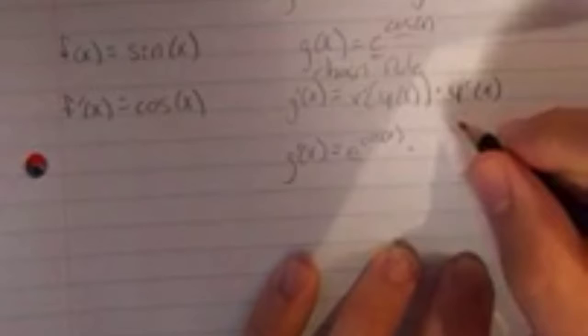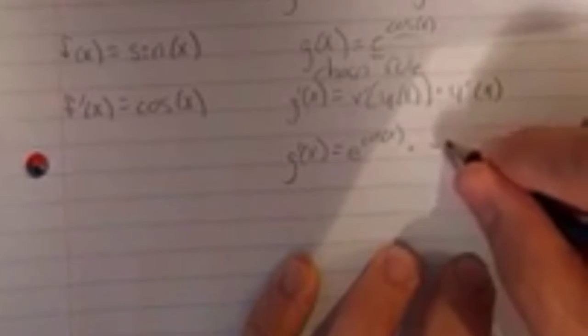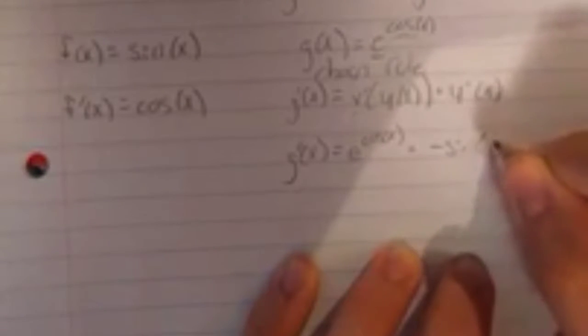So the derivative of cosine of x is negative sine x. Cool. So now we have all four of the functions that we need to plug in to our product rule up here.